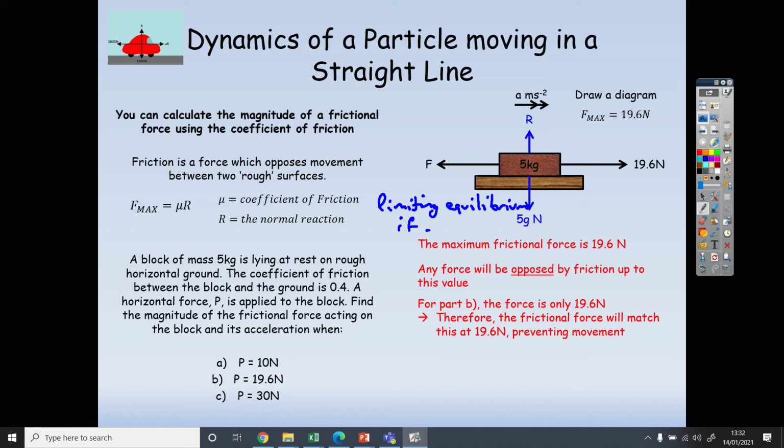So if this force that way equals F max that way, any greater force on P is going to cause the object to accelerate. So it's just on the point of moving. That's sometimes how it's also described.